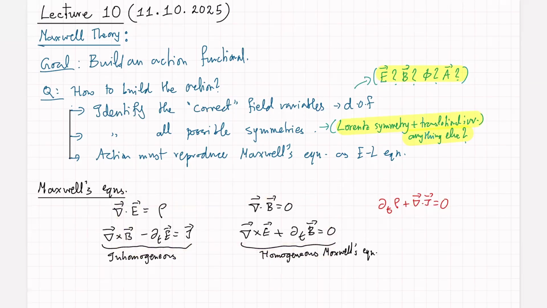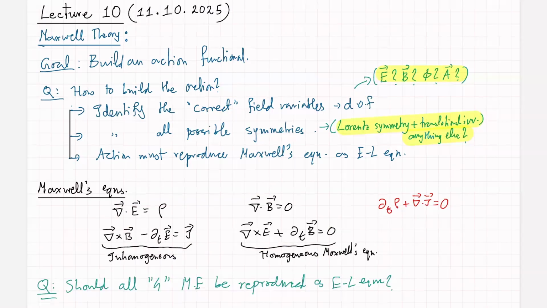I'm asking whether all 4 Maxwell equations should be reproduced as Euler-Lagrange equations. Okay, so let's start with the last point first. Anyone want to guess something or has an idea?